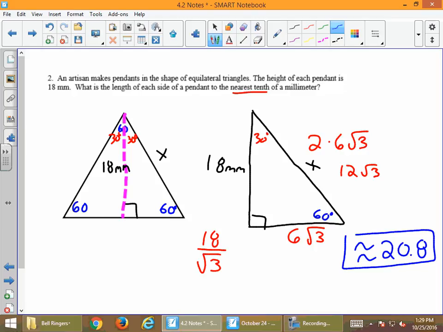Multiply it by 12. Okay, so 3 radical times 12. You get the calculator to do 12 times radical 3. You'll get it. And if you don't have a graphing calculator, I recommend getting one.